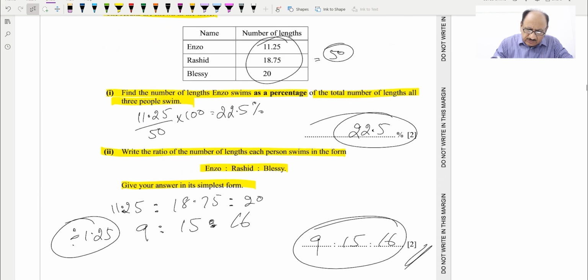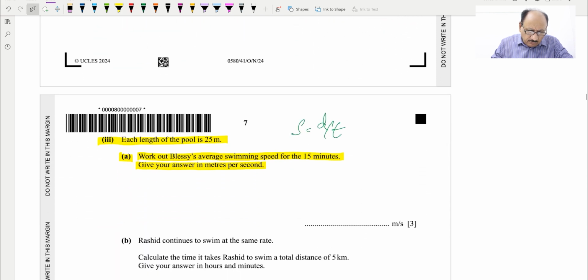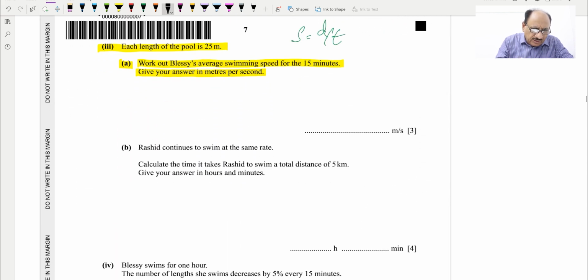So the person has done 20 lengths, and each length is 25, so 25 multiplied by 20 lengths and divided by 15 minutes he has taken, and we need time in seconds, so multiply by 60 in the denominator.